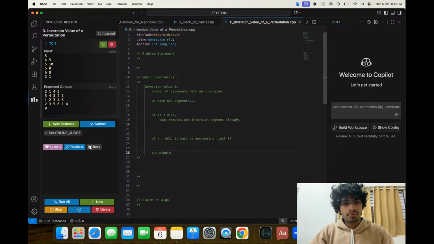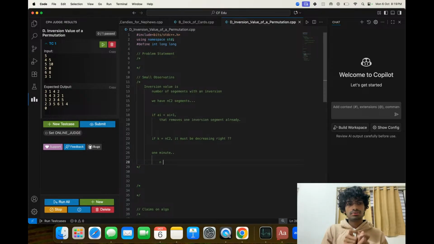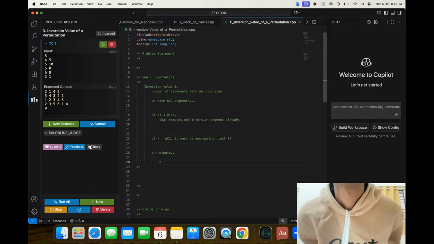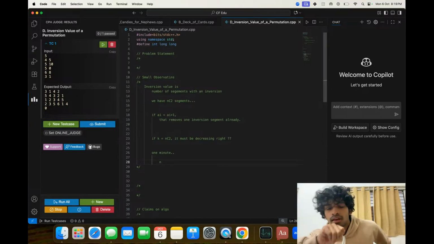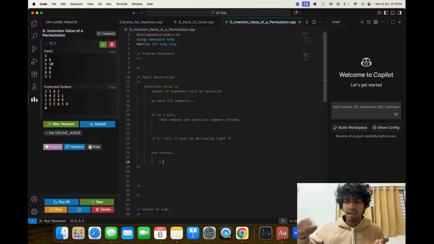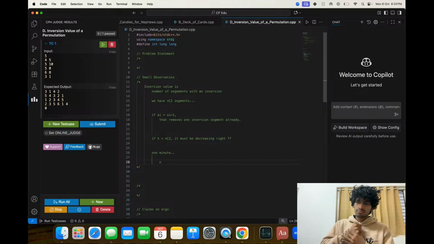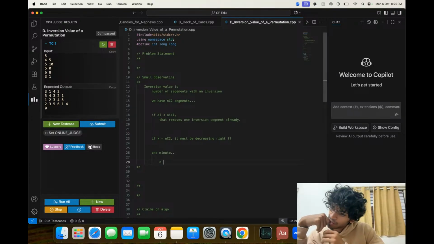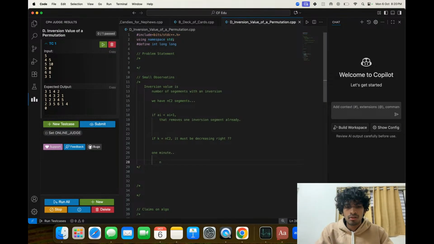Involving these things, we may have n, and then from here, segments may have, okay, not having any inversions.